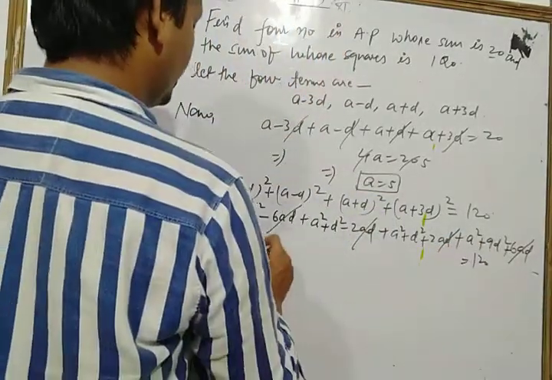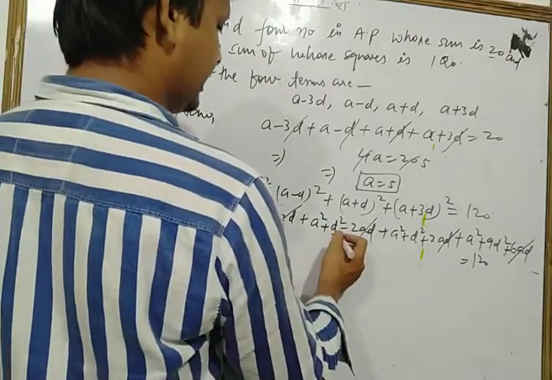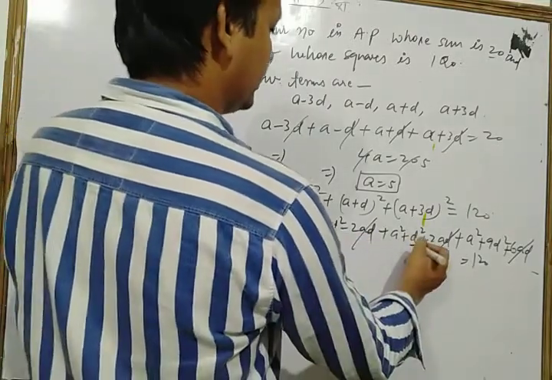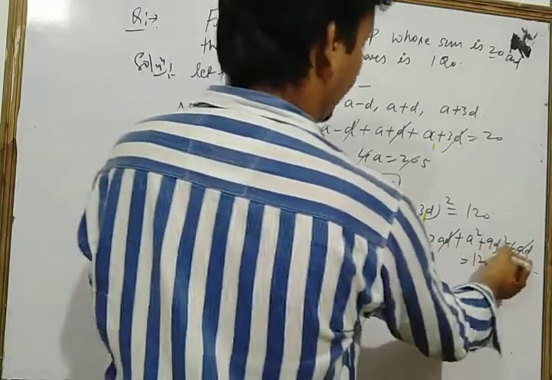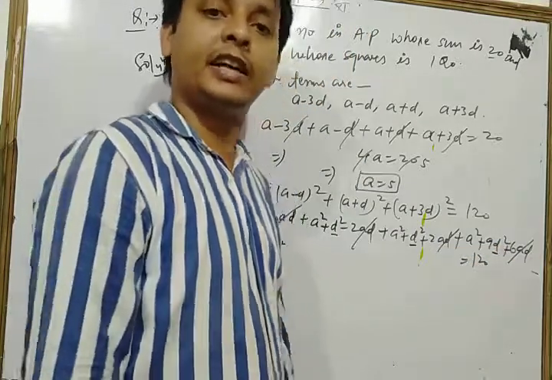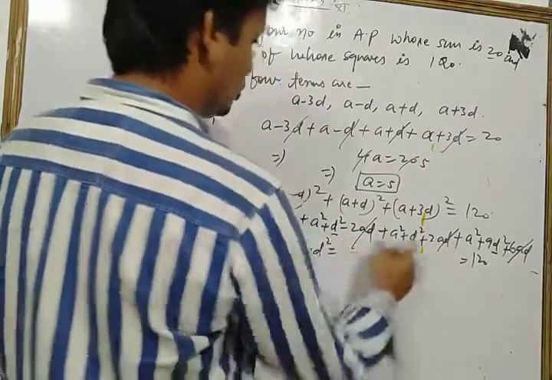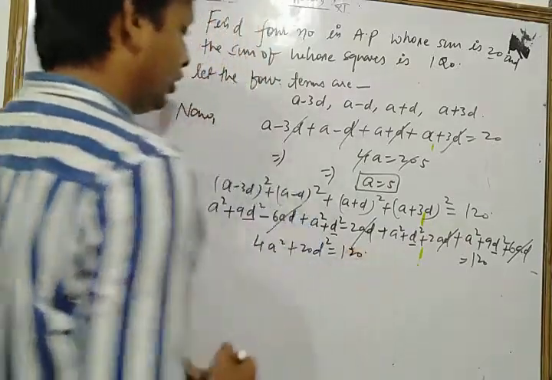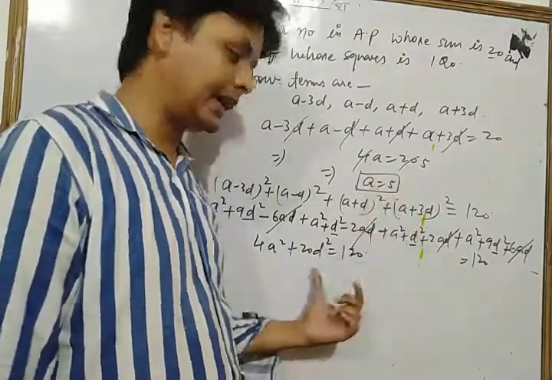So we have 4 into a squared, plus 9d squared, d squared, d squared and 9d squared, which is 20d squared. So 4a squared plus 20d squared is equal to 120. Now we put the value of a as 5 in that equation.